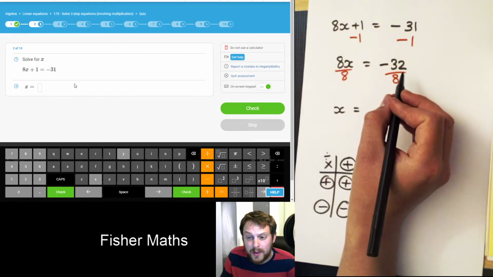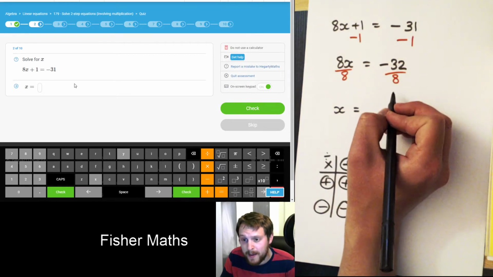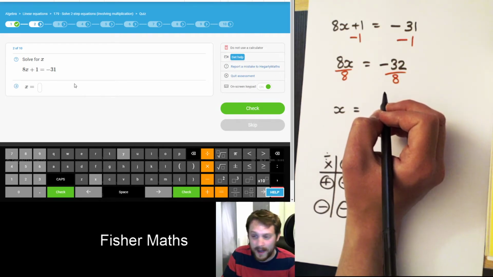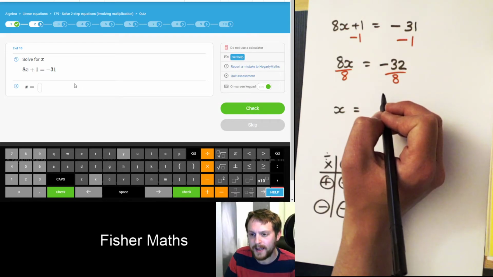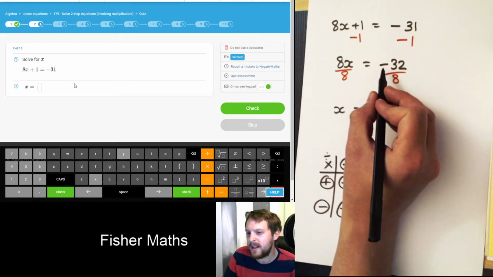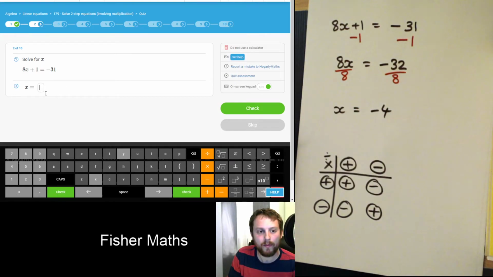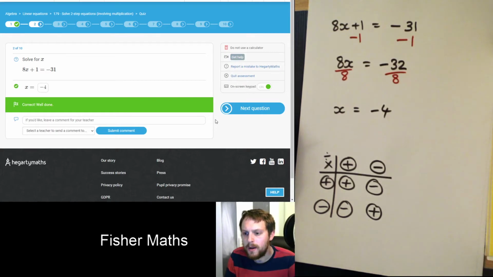So all you do is you work out what 32 divided by 8 is. You kind of ignore the minus sign and you just work out the answer. So 32 divided by 8 is 4, but it's going to be negative 4. And there we go.